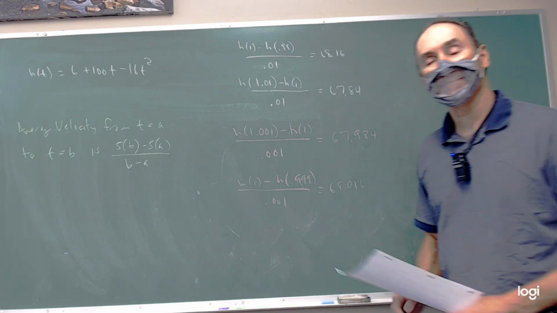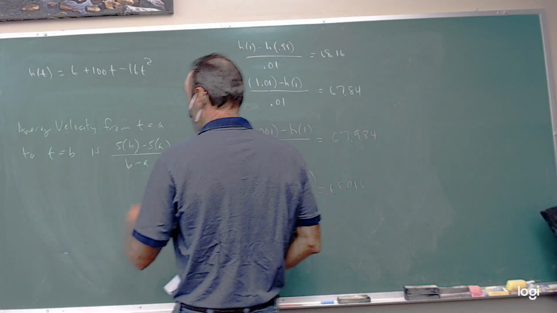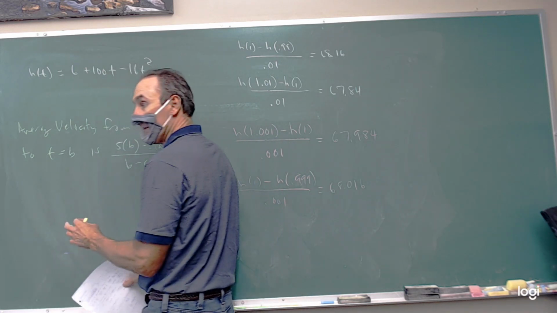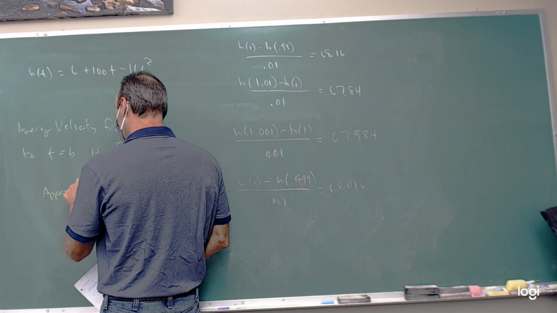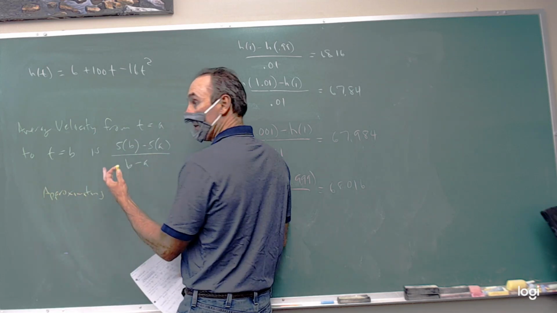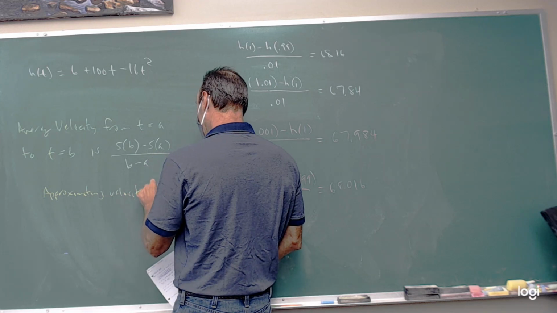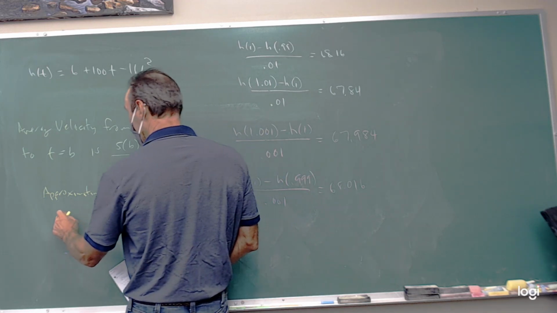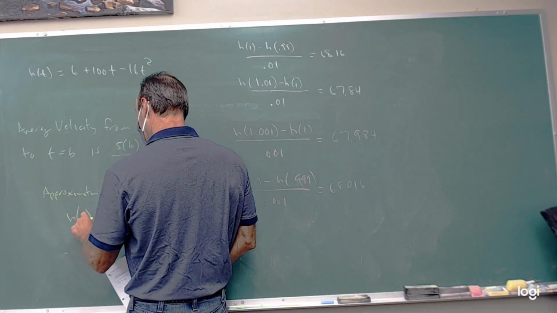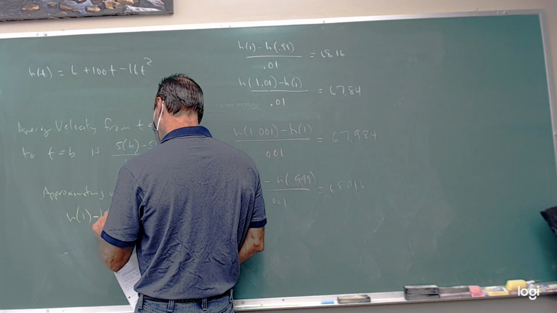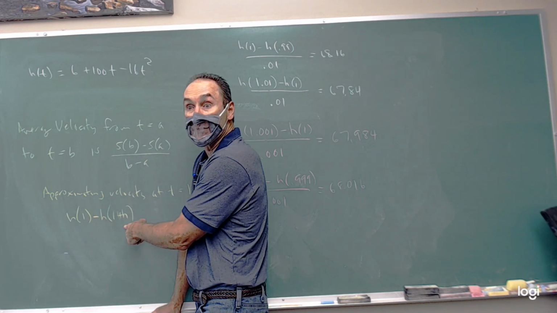Okay, let's back up. Another way of saying this average velocity. We were approximating the velocity or speed, because they're the same when positive, at t equals 1. And so we did, because we had h of 1 minus h of 1 plus h, where we chose different values of h, right?